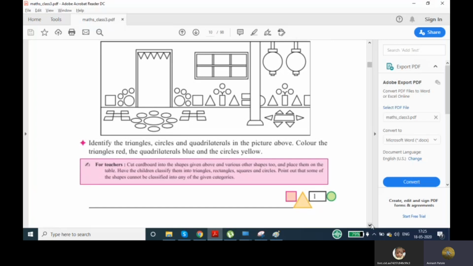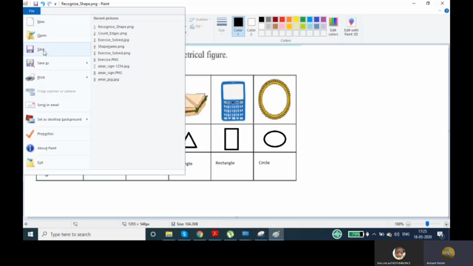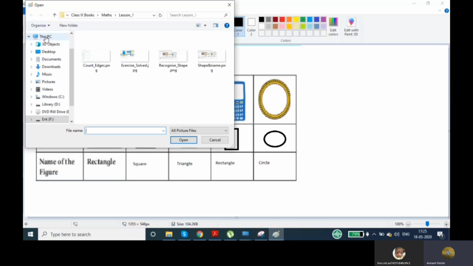This is quite an interesting activity that is really going to fascinate you because it involves painting. You're going to use colors for making these changes. So I'm quickly going to open this activity for you.